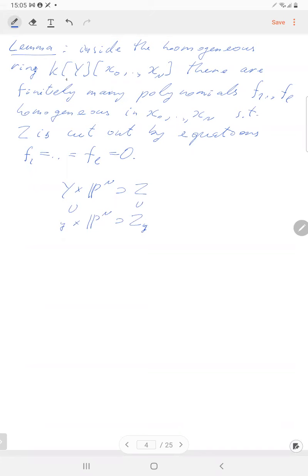It is just a closed subvariety of projective space P^n, so by definition it is given by some homogeneous equations. But now I claim that those homogeneous equations could be written down somehow simultaneously for all points, uniformly in y. That's what I claim, and this is more or less clear.